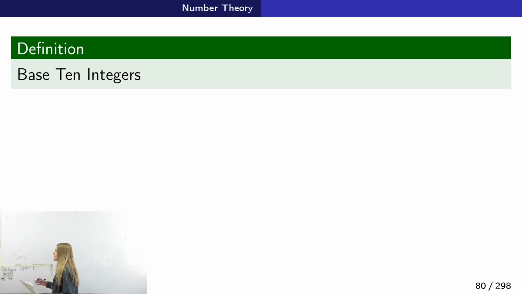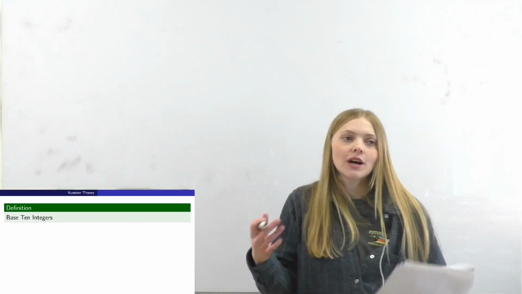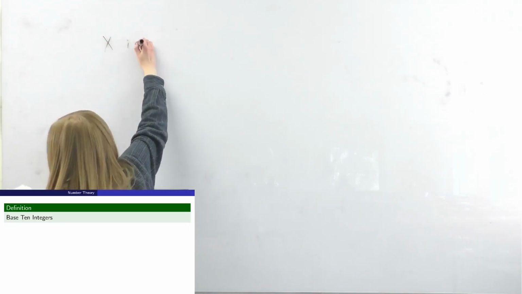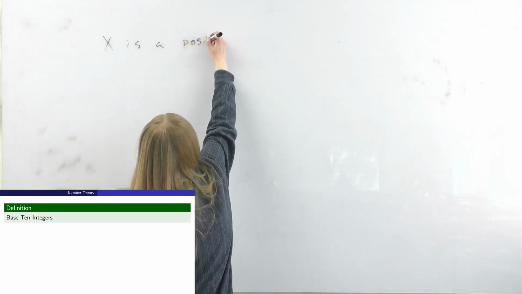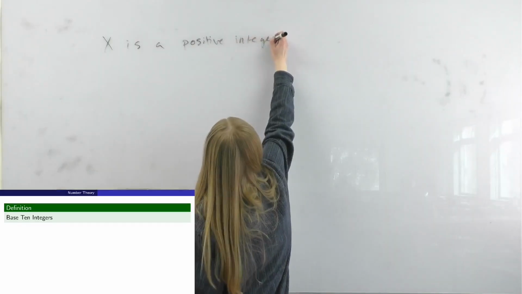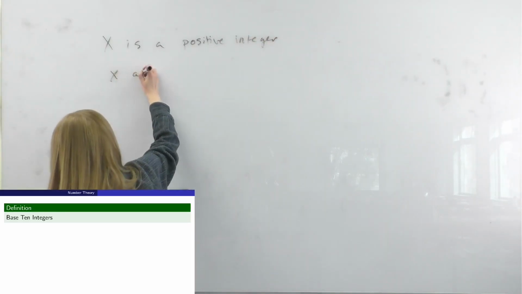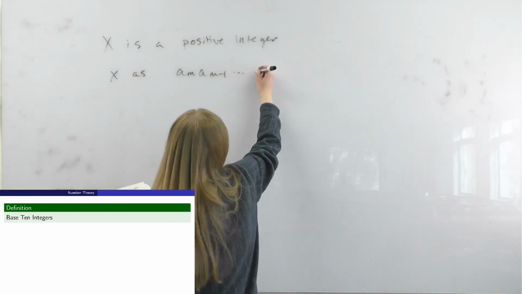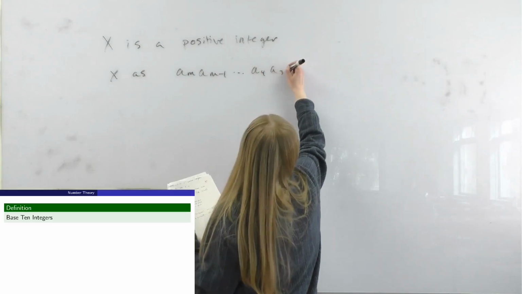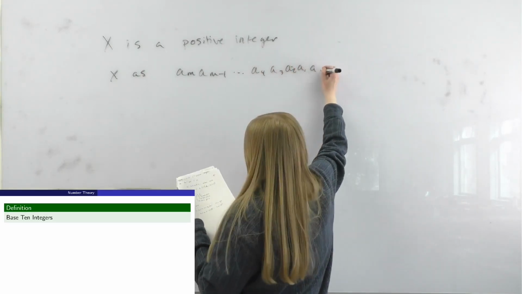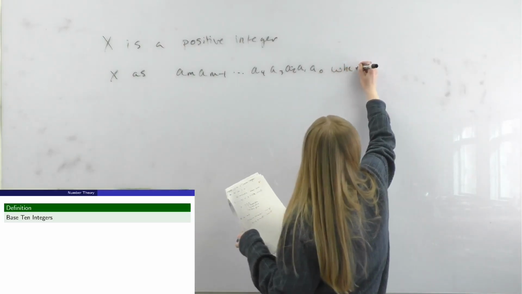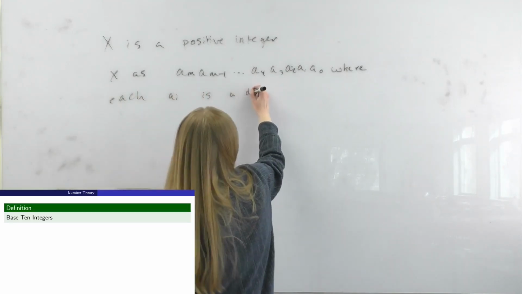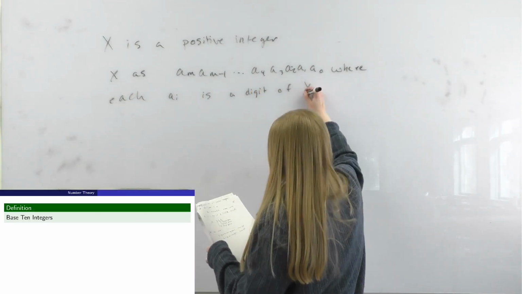I'm not really technically defining base 10 integers, but we should talk about what they are. If x is a positive integer, we can write x as a_m, a_{m-1}, ..., a_4 a_3 a_2 a_1 a_0, where each a_i is a digit of x.